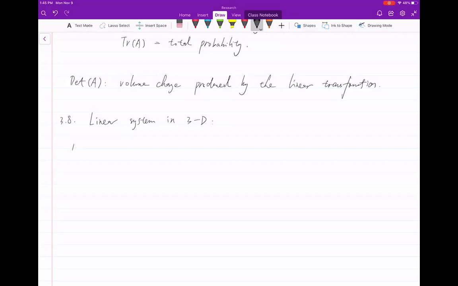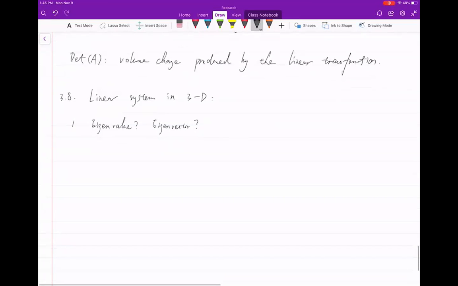In 3D, 4D, or even higher dimension, how do we do it? Well, can you still do eigenvalue? Can you still do eigenvector? The answer is yes, I can still do it. It's by linear algebra, for example.